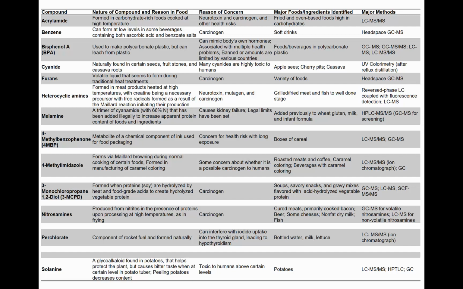Why is it a concern? It's a carcinogen. What kind of food can it be present in? Fried food, high in carbohydrate. And what method of analysis? LC-MS/MS. So this is similar for the rest of them. If nothing else, study this table from this chapter.